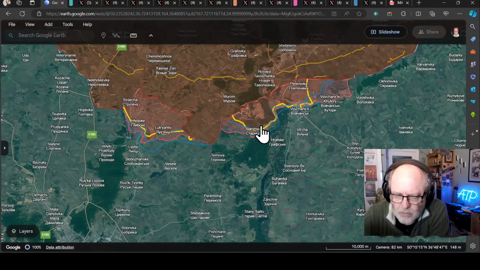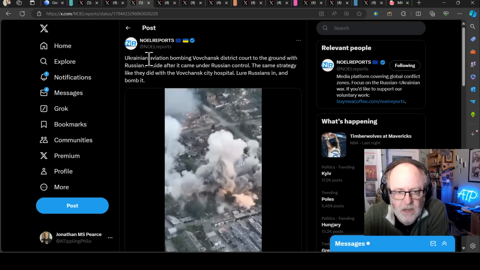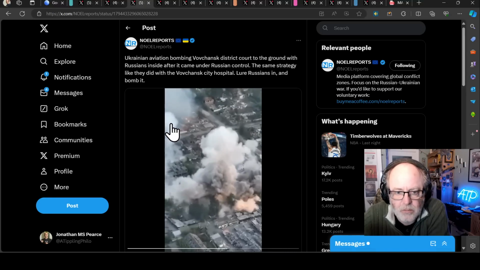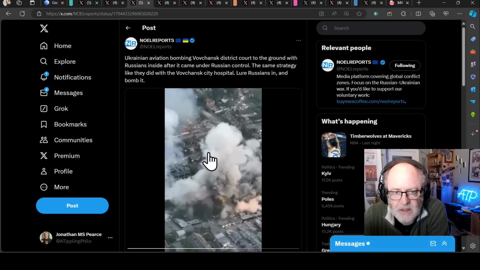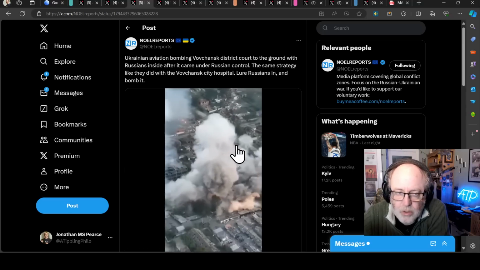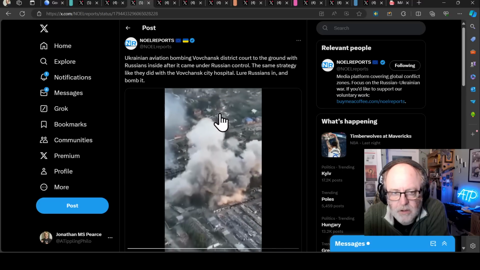This is a really difficult area because there's an awful lot of lead flying around in terms of artillery and aviation from both sides. So both sides are using guided glide bombs. In fact, I've got some imagery here of Ukraine dropping some munitions, aviation bombing. So it could be the French AASM Hammers, could be JDAMs, or could be the GBU 39s.